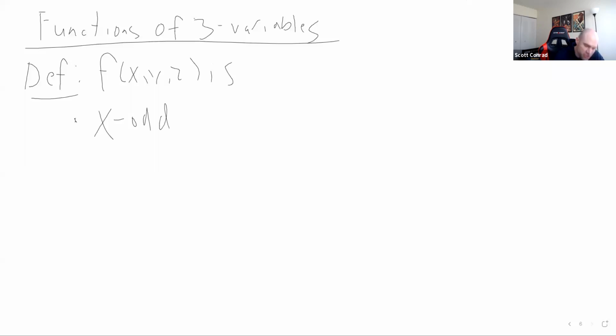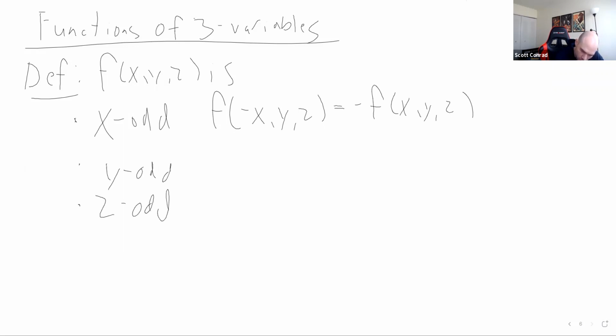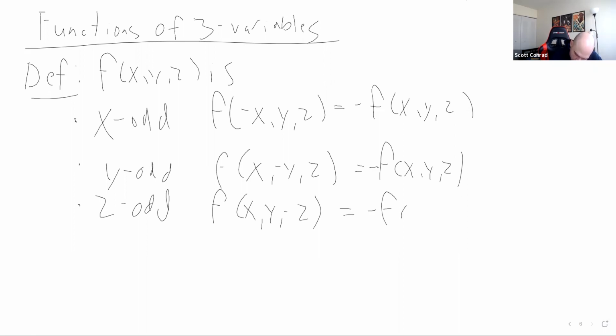We're x odd if you change x to negative x, leave everything else the same, and you get negative the original function. Y odd, if you change y to negative y, leave everything else the same, you get negative the original function. And z odd, you can probably guess, change z to negative z and you get negative the original function.